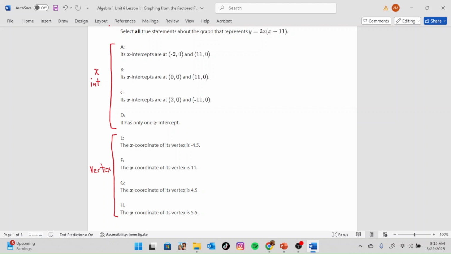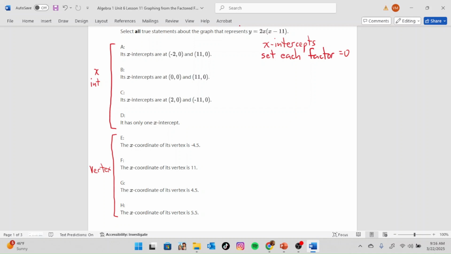If we want to find the x-intercepts, what we're going to do is set each factor equal to 0. And this is because if I am on the x-axis, then my y value is always 0.